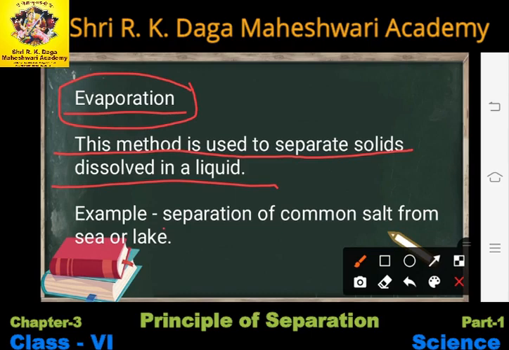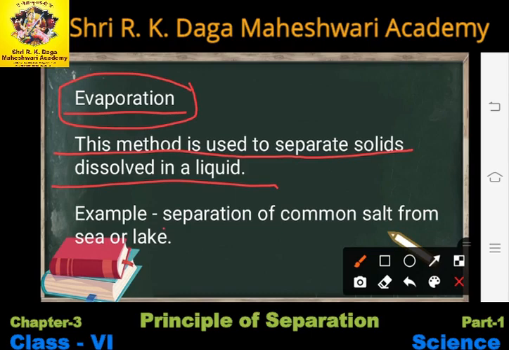So what will happen if I take the mixture of water and salt, and if I keep it in sunlight? The water will evaporate, and only the salt particles will remain in the container.